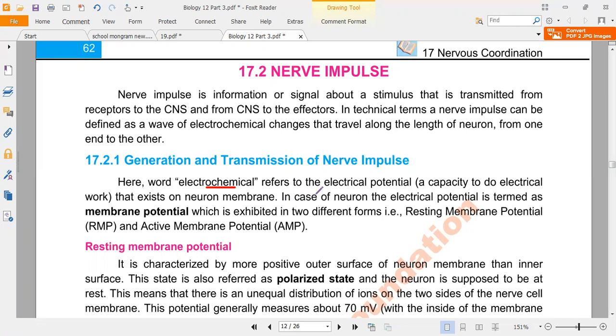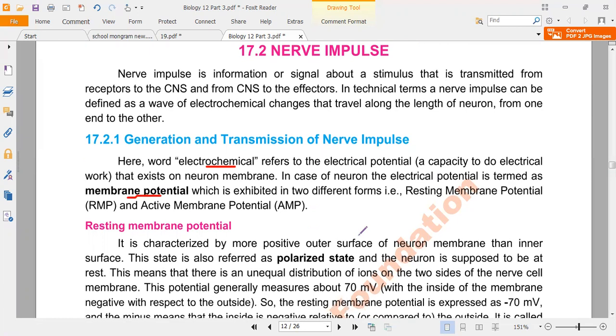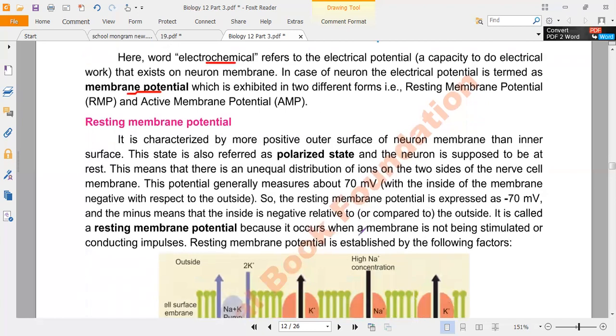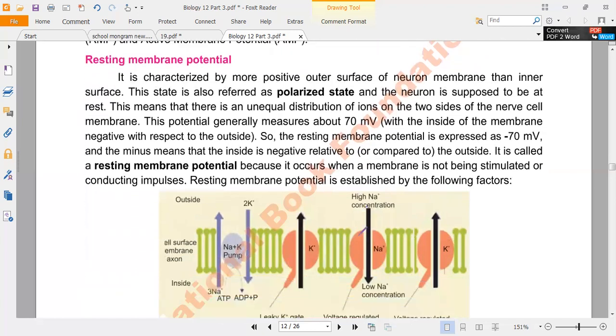How can we say that electric potential in a neuron is termed membrane potential, which is exhibited in two different forms. We will discuss them one by one. Number one is the resting membrane potential, and the other one is the active membrane potential.